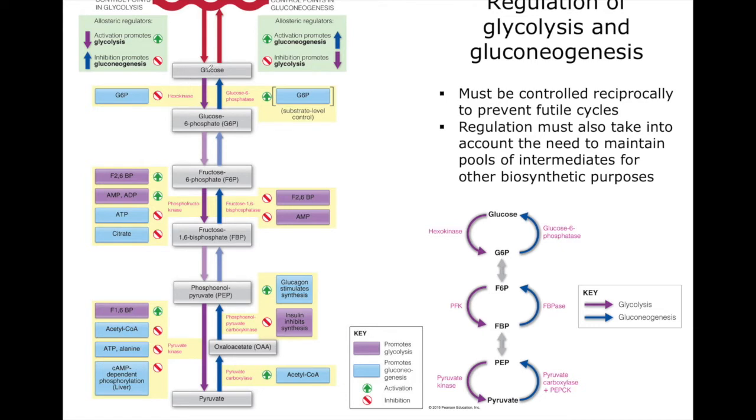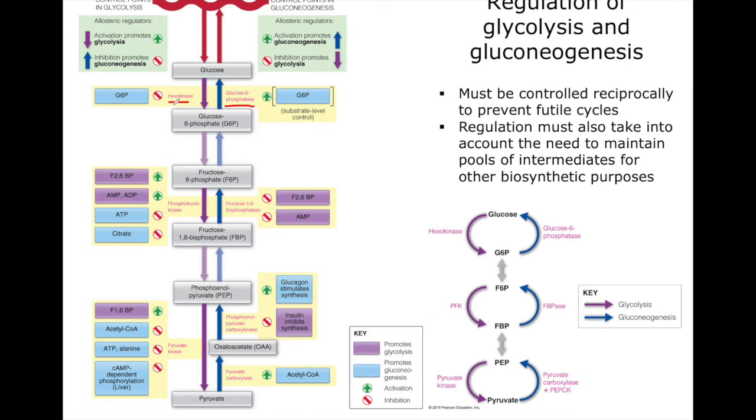The enzyme that catalyzes glucose to glucose 6-phosphate is, of course, hexokinase, and glucose 6-phosphate to glucose, the reverse, is glucose 6-phosphatase. These 2 enzymes are reciprocally regulated. In other words, when we want to turn hexokinase off, we want to turn glucose 6-phosphatase on. Or if we want to turn glucose 6-phosphatase off, we want to turn hexokinase on.